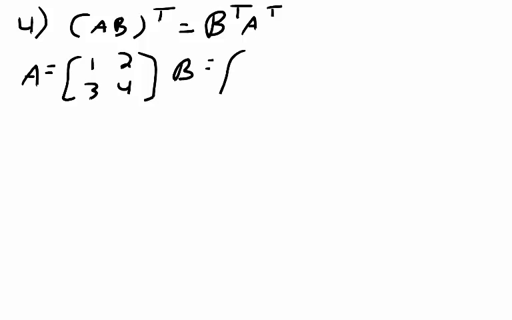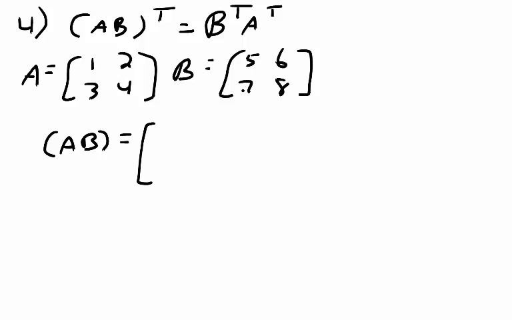We'll let matrix B equal 5, 6, 7, 8. The product of matrix AB gives us 19, 22, 43, and 50. This product can be found using a graphing calculator or working it out by hand, as was shown in a previous video.